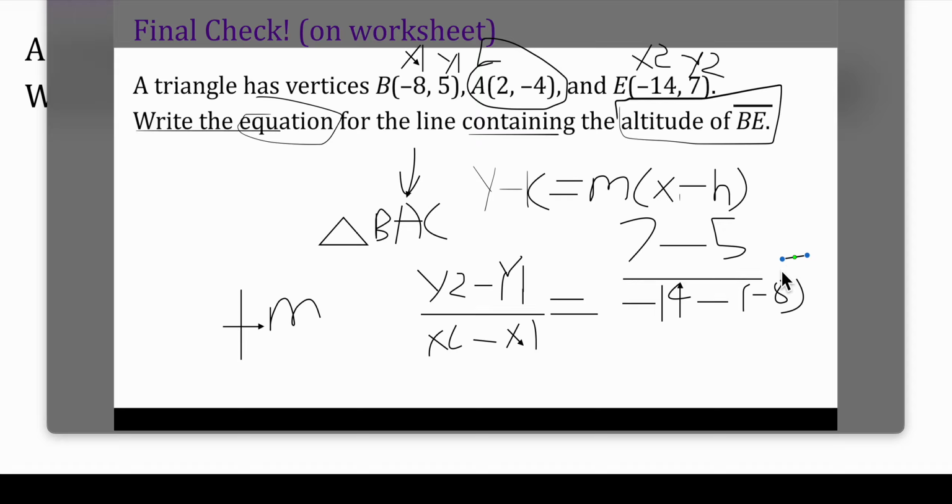This equals 2 over negative 6, because two negatives make a positive, and these two combine, which makes this positive, as you can see right here.